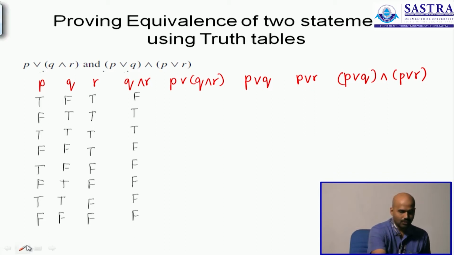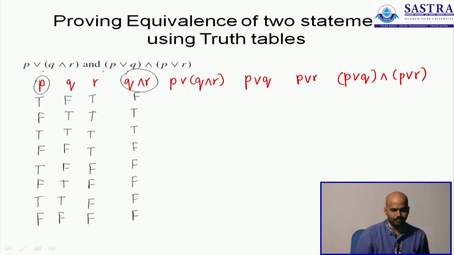Next up, we are supposed to compare columns 1 and 4, and we are combining them using a disjunction. How does a disjunction work? The disjunction takes a false value only when both values are false.